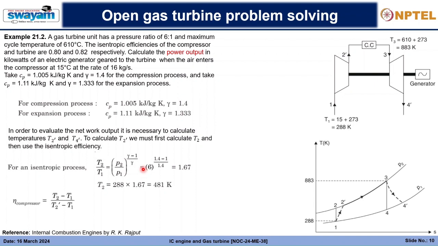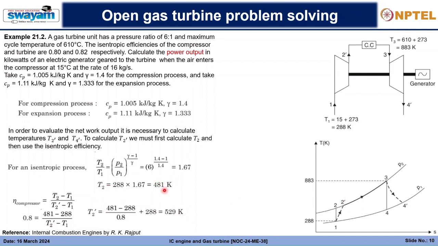Next, we will consider the compressor efficiency, and this is the formula that we have already known. We simply put in the values and solve for T2 dash, and accordingly we will find that T2 dash is equal to 529 Kelvin.